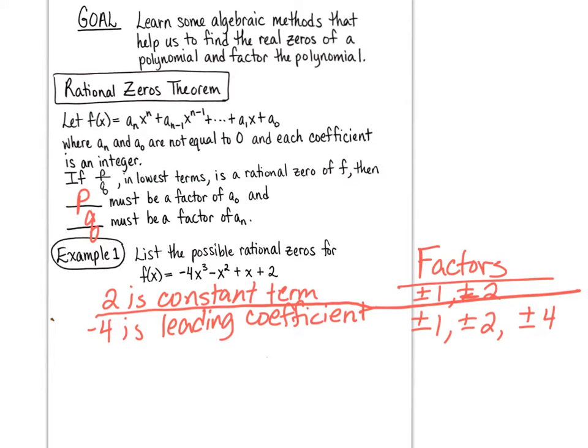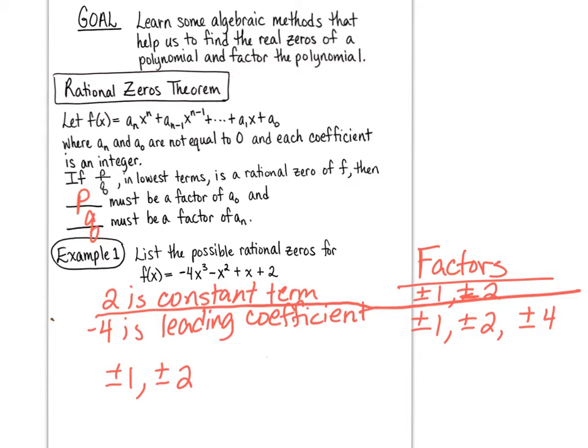So, using the rational zeros theorem, we put our factors of a_0, which is 2, so plus or minus 1 or plus or minus 2, in our numerator. The factors of our leading coefficient, which is negative 4, go in our denominator. So we would have plus or minus 1 over 1, plus or minus 2 over 1. So we would have plus or minus 1, plus or minus 2.